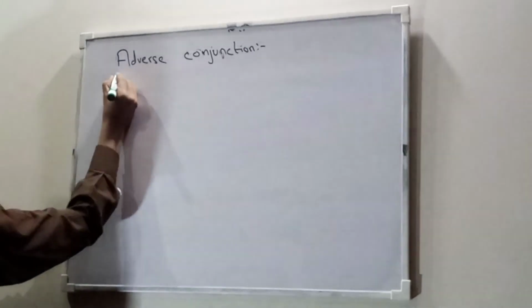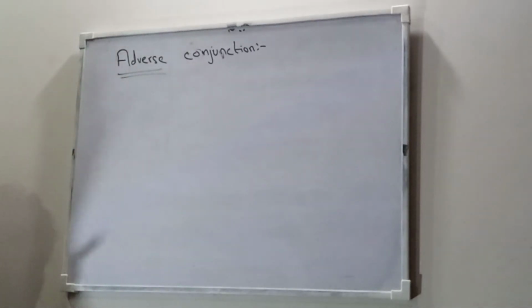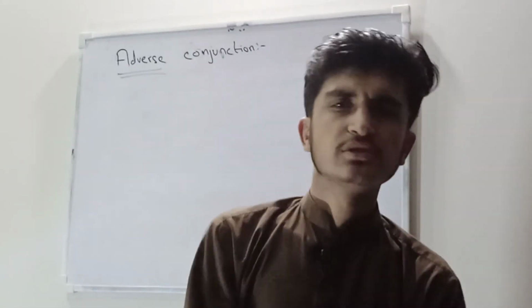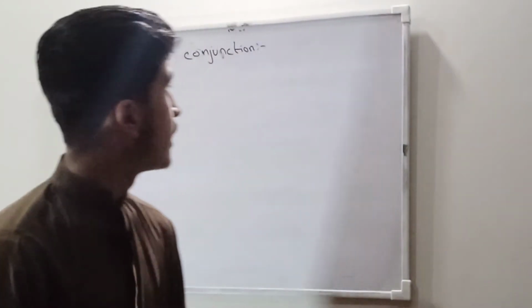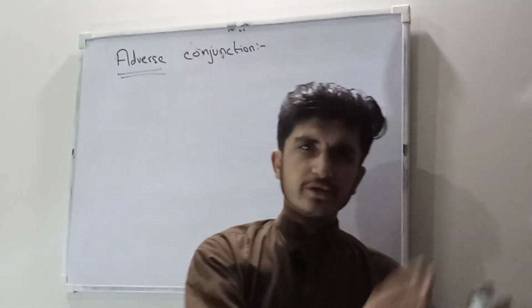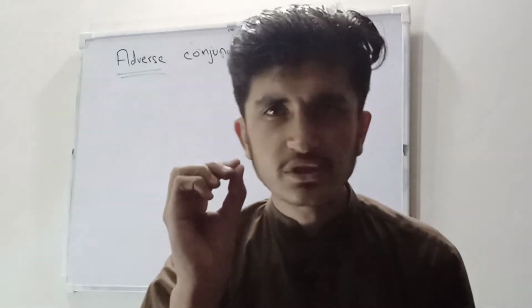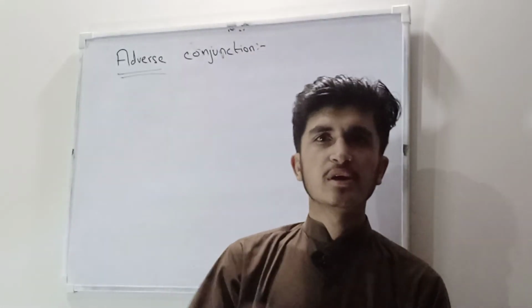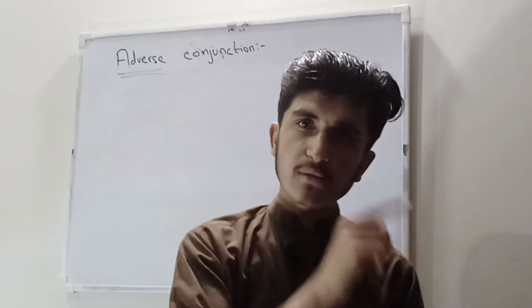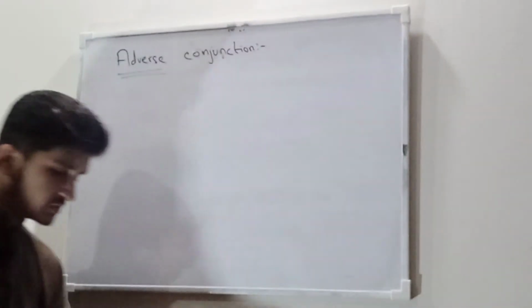Students, adverse means negative, negativity, not positivity. Adverse conjunction is a type of conjunction in which the first sentence gives you a positive meaning, and the second sentence gives you a negative meaning. You will understand it in an example.